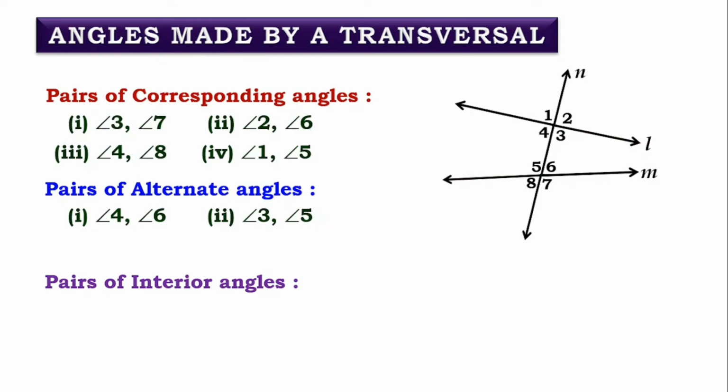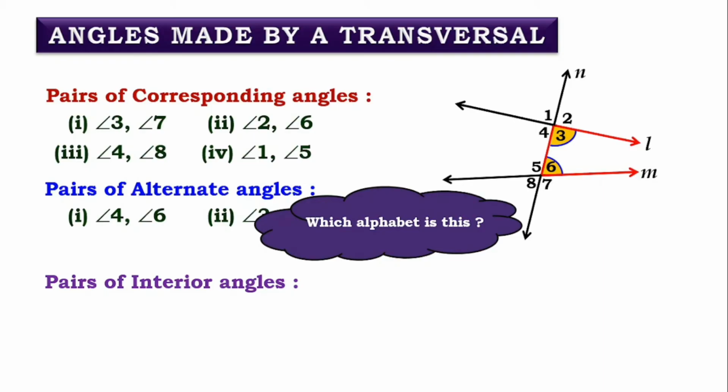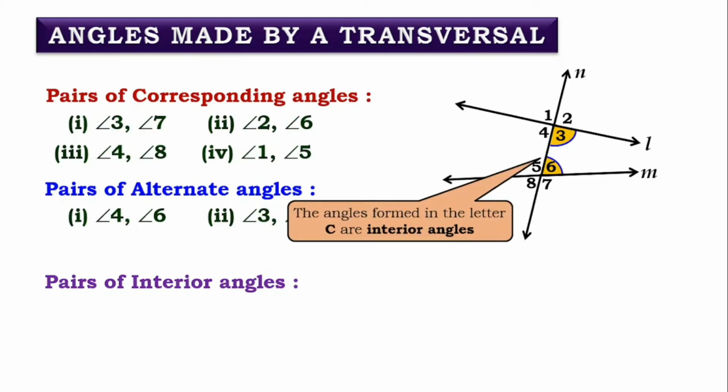Coming to interior angles. See students, observe what happens over here. 3 and 6. Now which alphabet is this? C. C means interior angles. And interior angles are always supplementary. Remember this, 180 degrees. The angles formed in the letter C are interior angles.